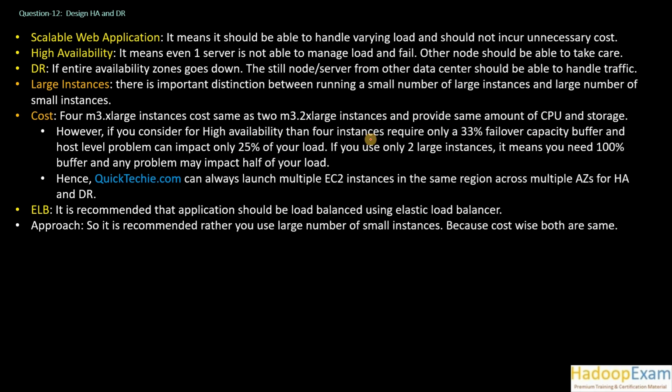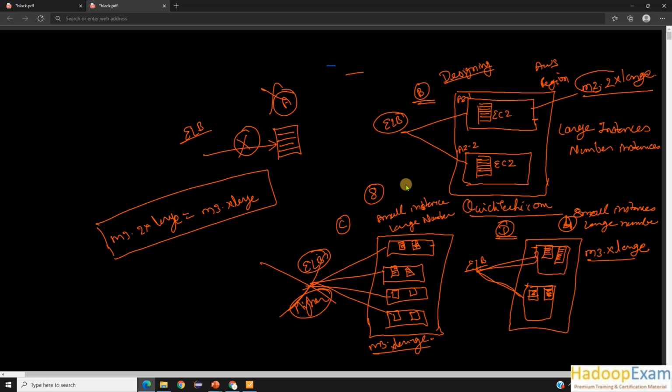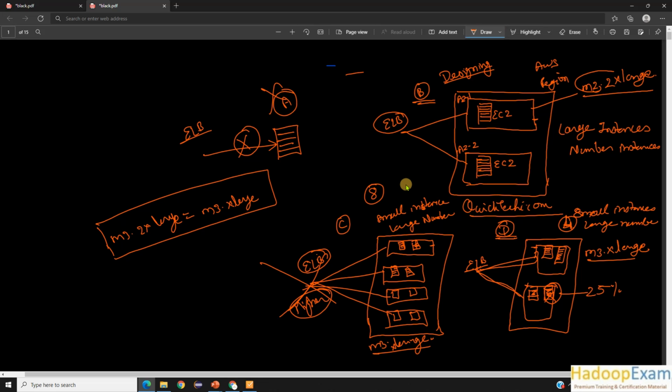However, if you consider high availability, then for instances you require a 33% failover capacity buffer, and a host level problem can impact only 25% of the load. Suppose one of the instances goes down here, only 25% of the load will be affected, because you have 4 instances.